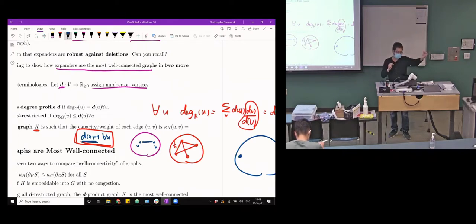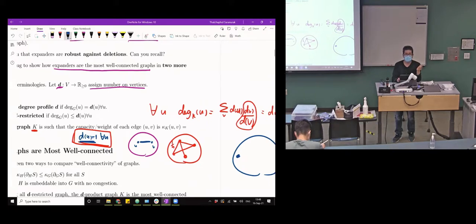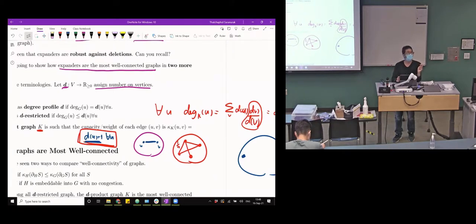But if D is not constant, then it's still kind of a complete graph, but you scale things so that the degree agrees with the function D. Make sense? It contains self-loops too. Yeah.